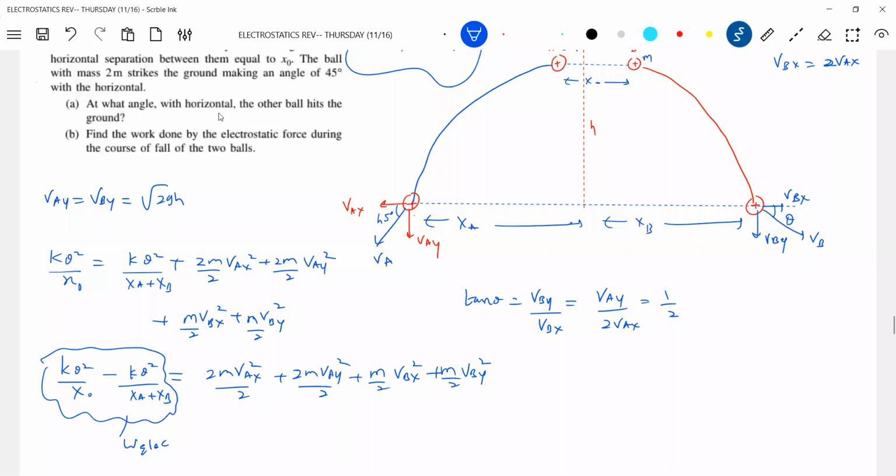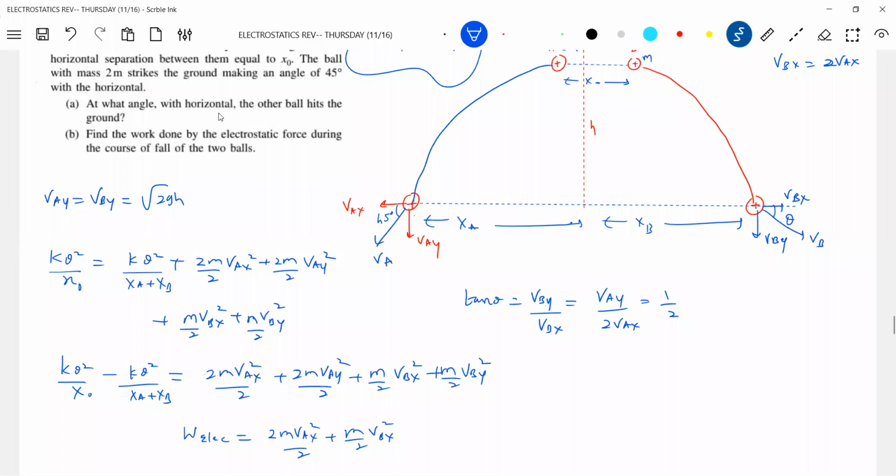Sir, gravitational potential energy. Only horizontal components. You wrote vertical components also. Okay, only change in kinetic energy of the horizontal components. Okay, fine, this much. Change in kinetic energy, initially it was along the x-axis kinetic energy 0, finally it is this much here.